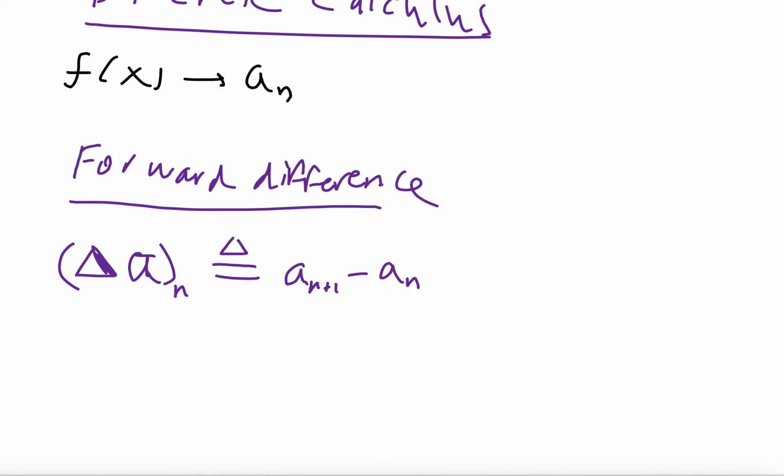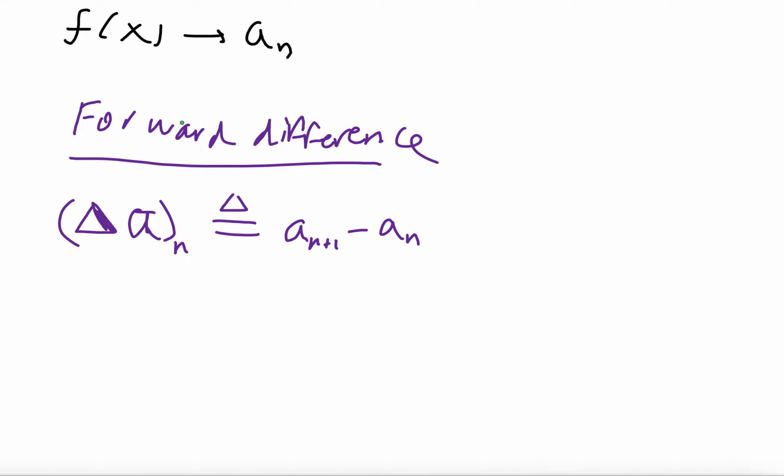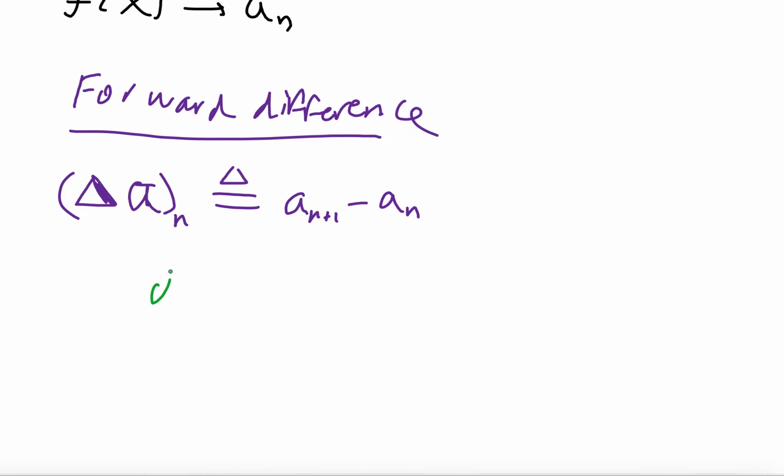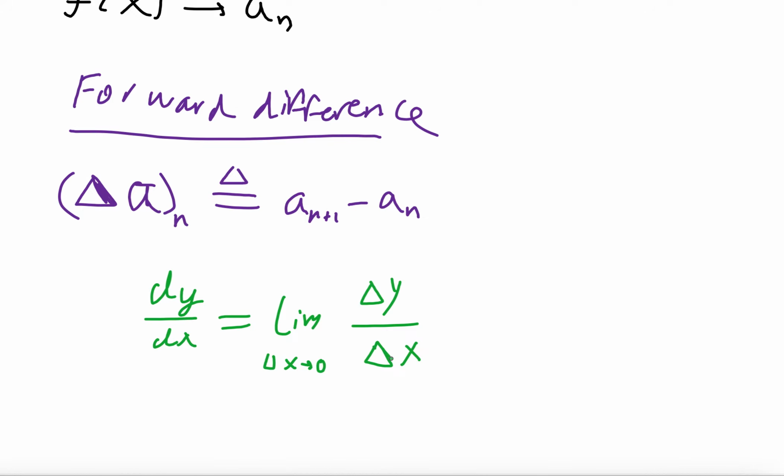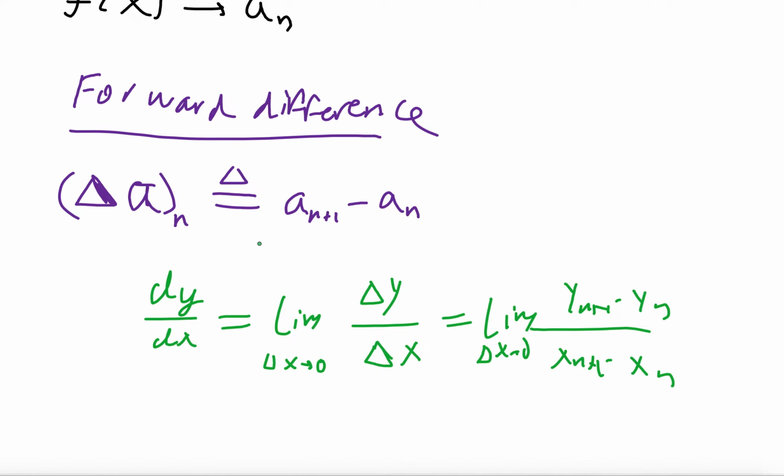You might already see a similarity between calculus and discrete calculus in this sense, because when we look at dy dx, the derivative of a function y with respect to x, it is defined as the limit of a difference quotient, where it's the limit as delta x goes to 0 of delta y over delta x. In fact, those deltas are a forward difference, because that's the slope of a secant line, where x is going to 0 of y sub n plus 1 minus y sub n over x sub n plus 1 minus x sub n. That's essentially the connection between the discrete and continuous cases of calculus.